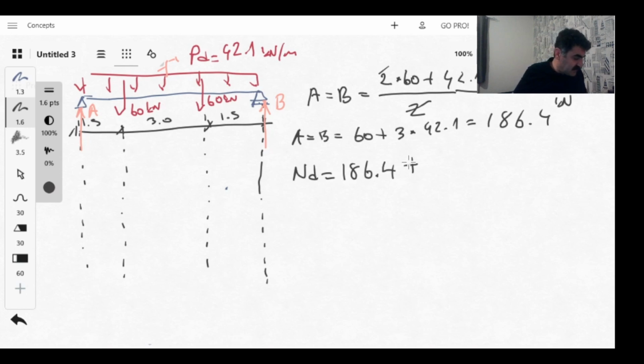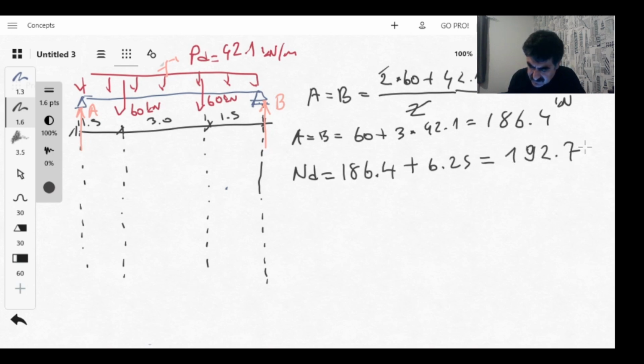The weight of the column is 6.25 kilonewtons. So total will be equal to 192.7 kilonewton. Okay, so this is our design axial load.